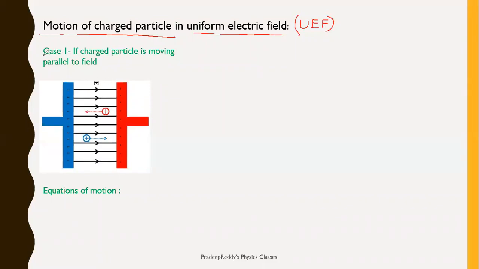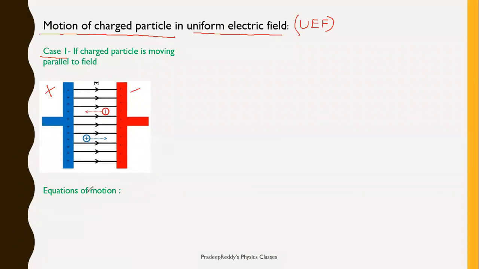Now in this case one, you could clearly understand that there is a positive and negative charge. Here it is positive charge, here it is negative charge. As it is a uniform electric field, the separation between the field lines is equal throughout this particular figure. So it represents that it is a uniform electric field.